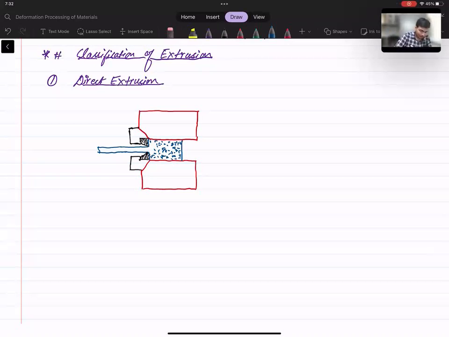Now to push this billet into this orifice, there will be a ram which will be forcing a dummy block or some other material which will support this billet. So let me draw the dummy block and ram with some other color. So this is the dummy block, and attached to it will be the ram.